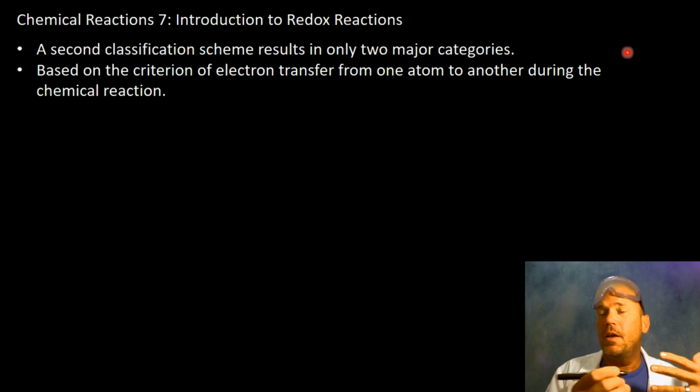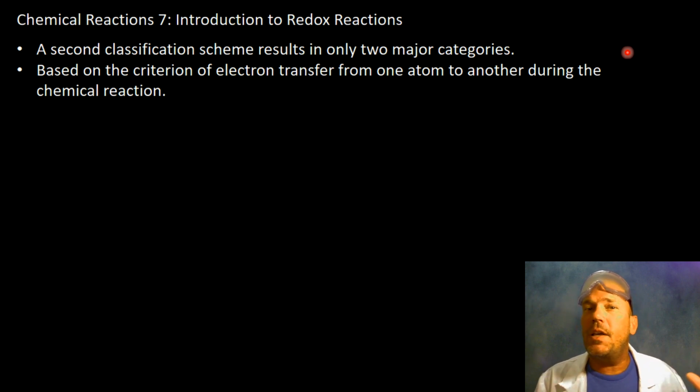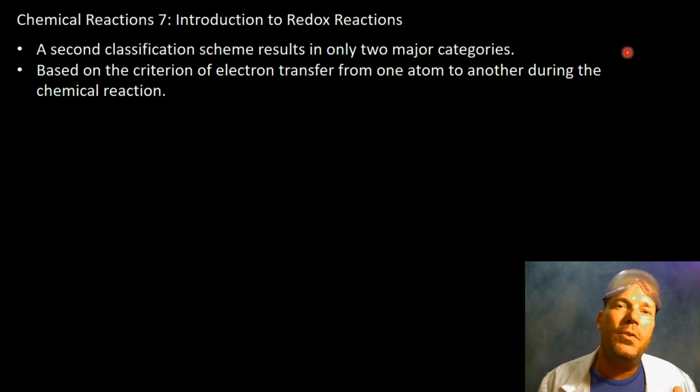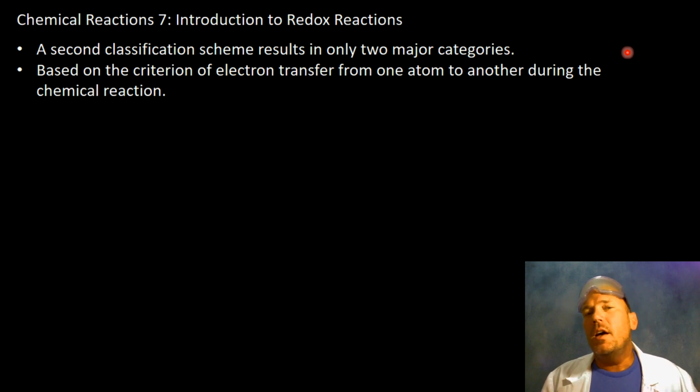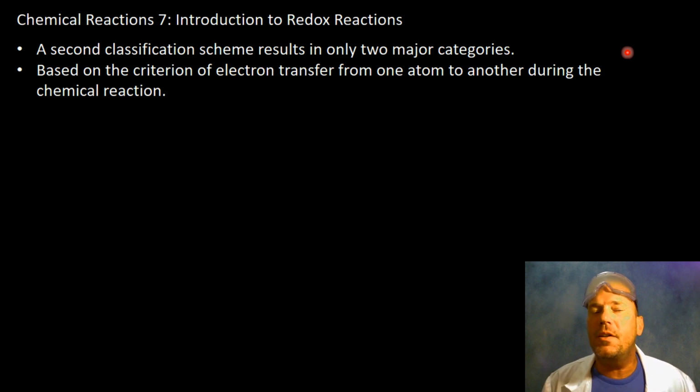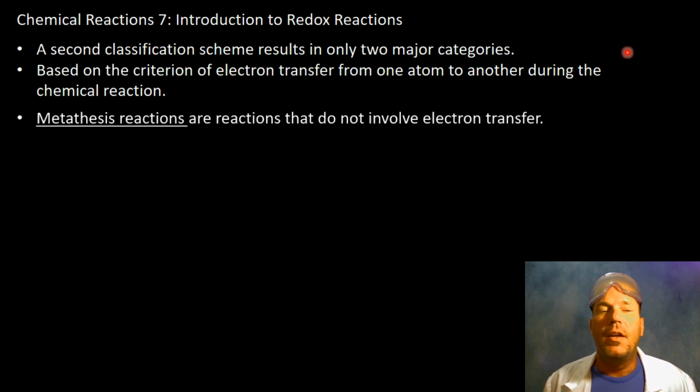All right, so we've learned all about these different types of reactions. Well, in this podcast, I'm going to introduce you to a whole new way of classifying and identifying chemical reactions. And it's based on electron transference from one atom to another during a chemical reaction.